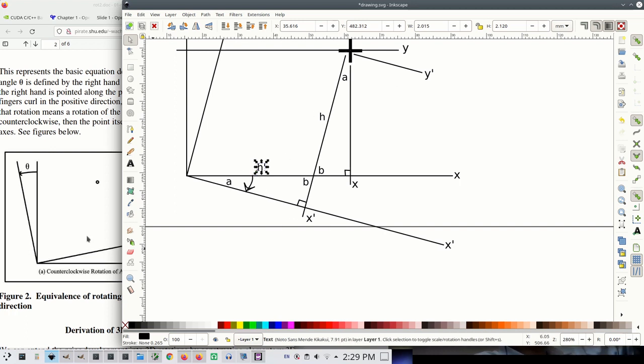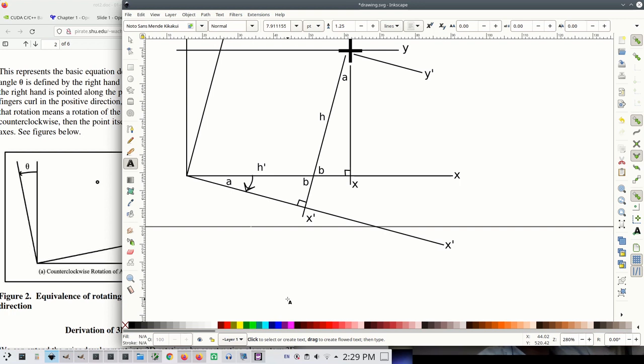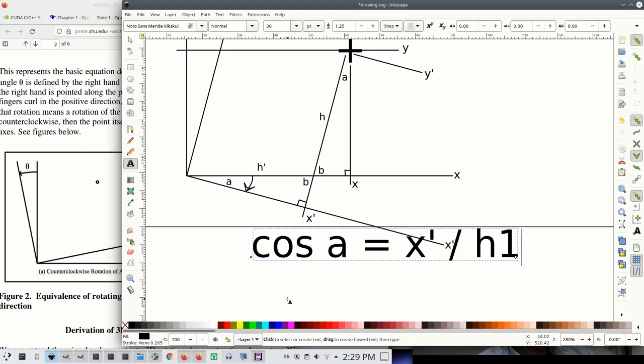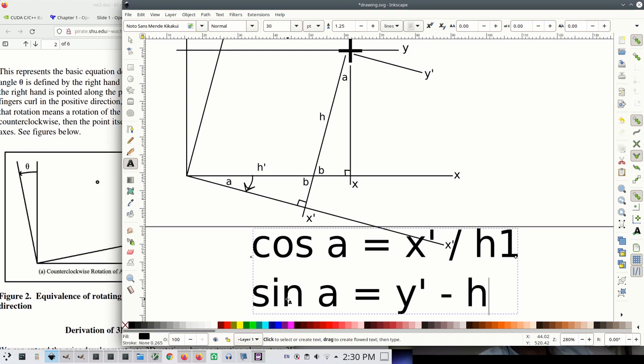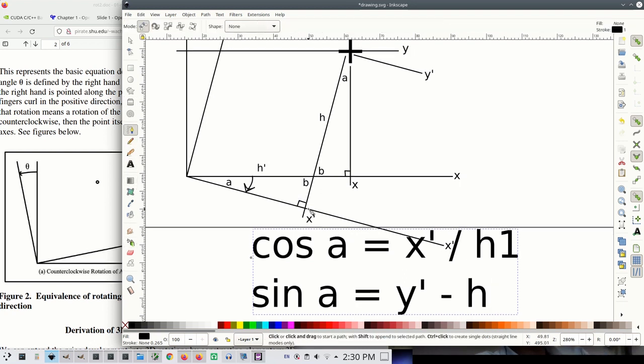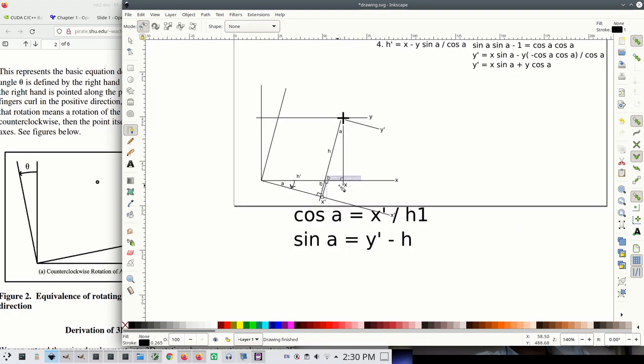So right away we can make some basic right angle triangle equations. Cos A equals x prime over h prime. Sine A equals y prime minus h. So this is y prime. Let's color it. I also colored the lines so it's easier to explain. I'll use the same colors.